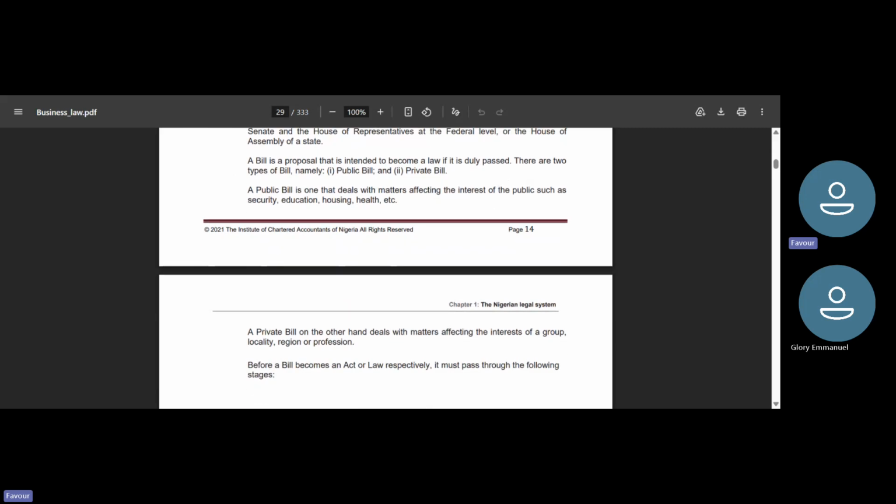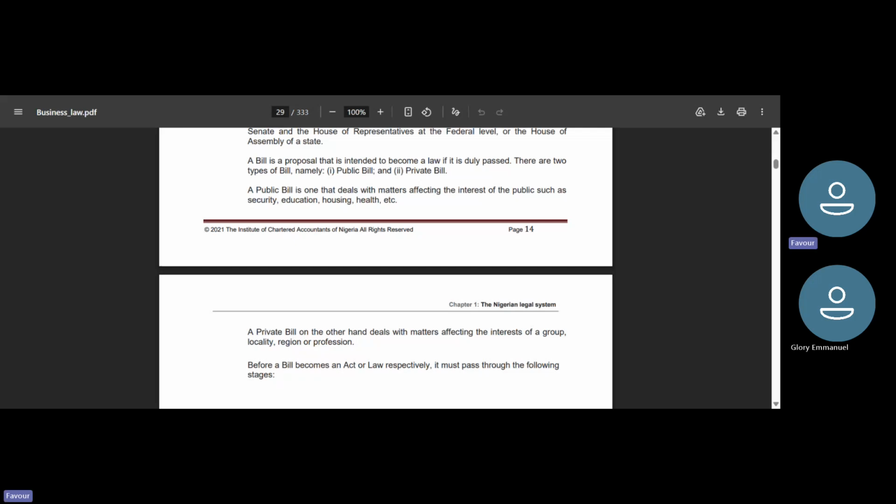So there are two types of bill. A bill is a proposal. I know you usually hear, such a bill has passed the first hearing, has passed the second hearing. A bill is a proposal. The public bill affects the interest of the public, that's the entire citizens and everybody, while the private bill affects the interest of a particular group.